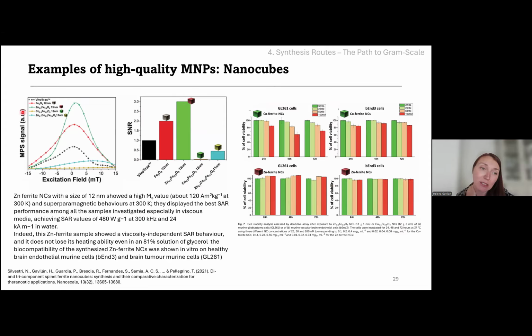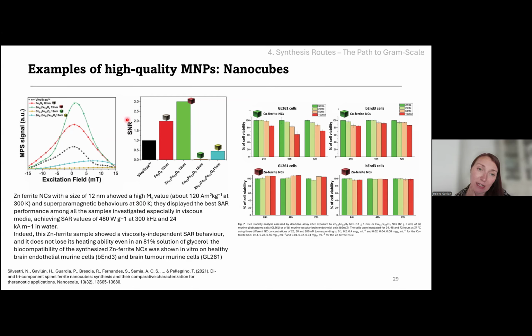Okay, in terms of MPI, we studied the performance with MPS, and comparing the particles with VivoTrax, we found that iron oxide and zinc ferrite offer the best signal, okay? So this is interesting because zinc ferrite could be implemented in the future for magnetic hyperthermia and MPI to move forward in these fields, okay?